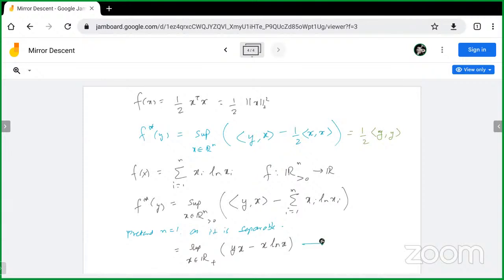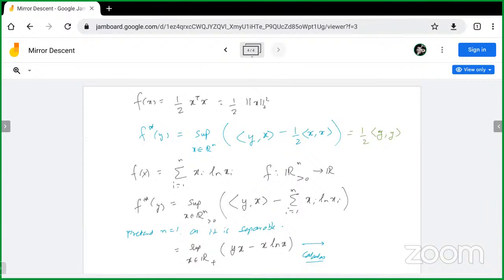Okay, but what is it? There's no magic here, just calculus. And you can show that this is e to the y minus 1. Yeah, exactly. Should we do it right now?